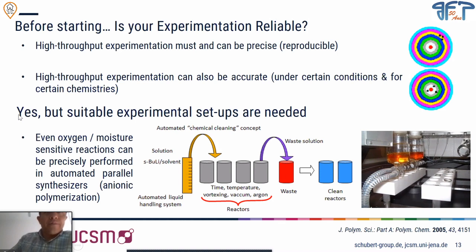Back in my days as a PhD student, I was quite involved in anionic polymerization, and my task was to implement anionic polymerization in these kind of platforms. If you are familiar with the technique, anionic polymerization is very sensitive to oxygen and moisture. So you have to be very careful with any contamination. Any small contamination of water or oxygen will kill your initiator, and your reaction will not proceed in a normal or desirable way.